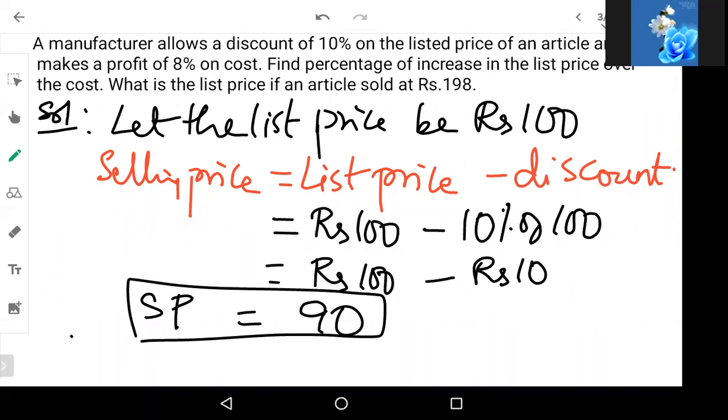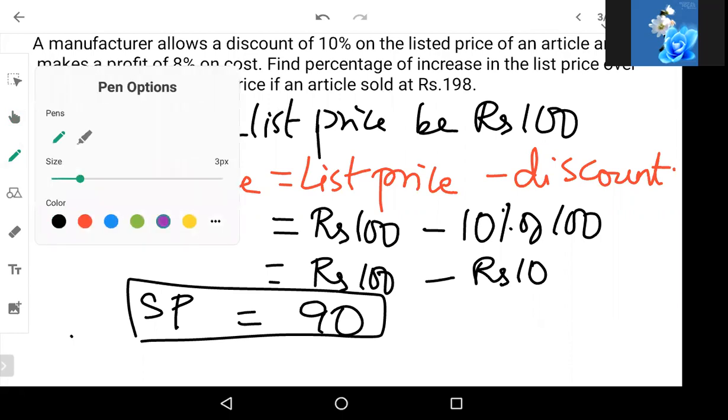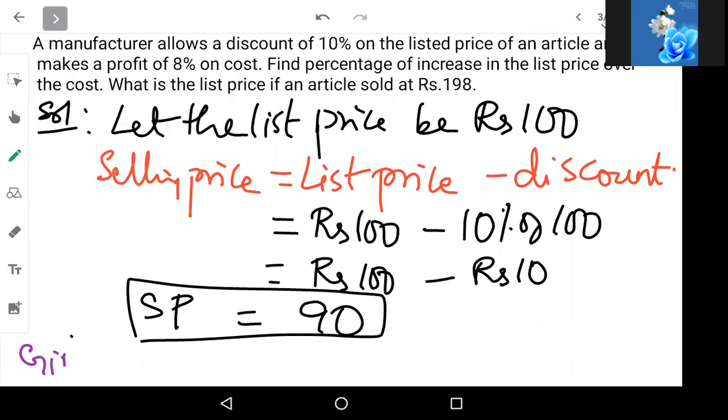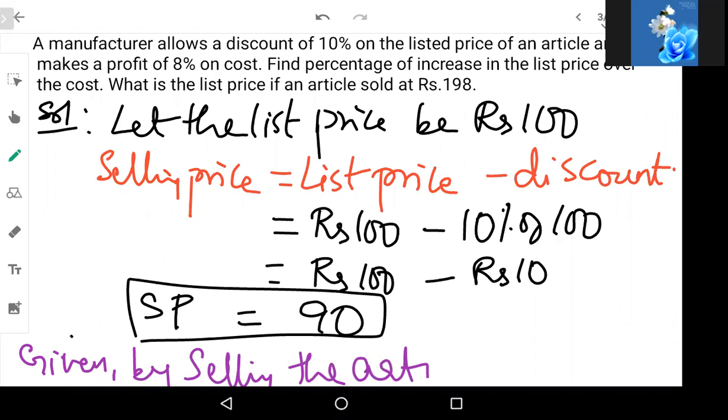Now the next important thing to understand is the second part of the question. What is the list price if an article is sold at 198? We have derived the selling price part here. Now, what is given to us? By selling the article at 90, we have defined that, right?